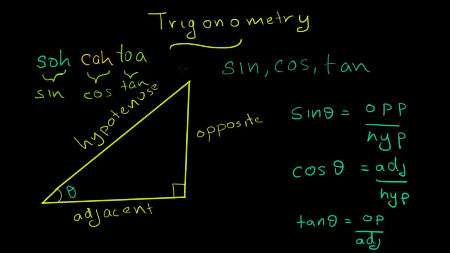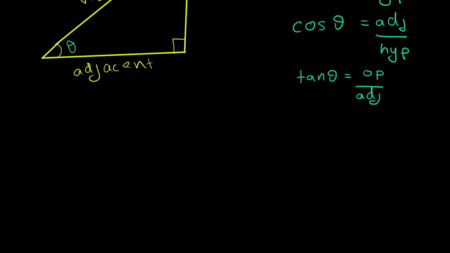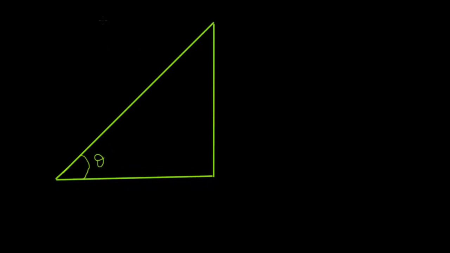Okay, and now I will show you an example problem with the information we have. Suppose we have a triangle with theta 30 degrees and hypotenuse 10 centimeters. theta 30 degrees and hypotenuse which is equal to 10 centimeters.